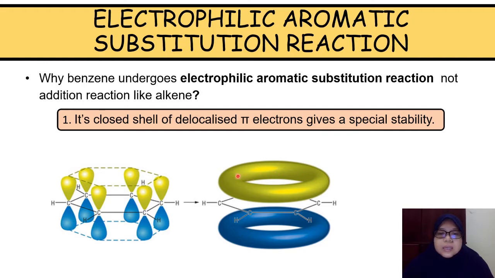The electrons on the carbon-carbon double bond can circulate around inside the aromatic ring. Because of the delocalization of the electrons, it gives the aromatic ring special stability.